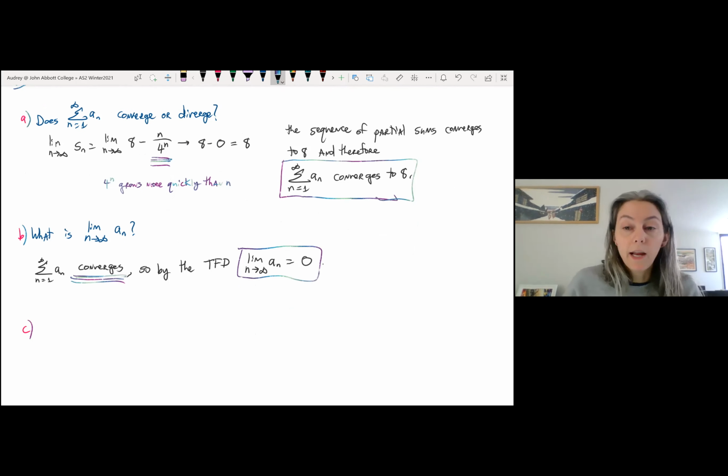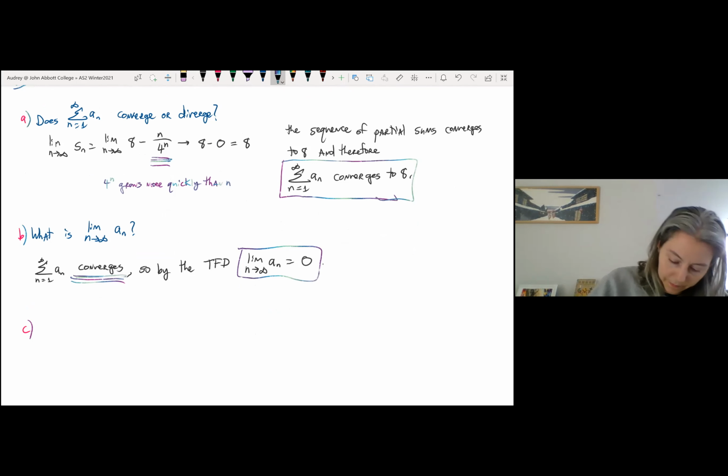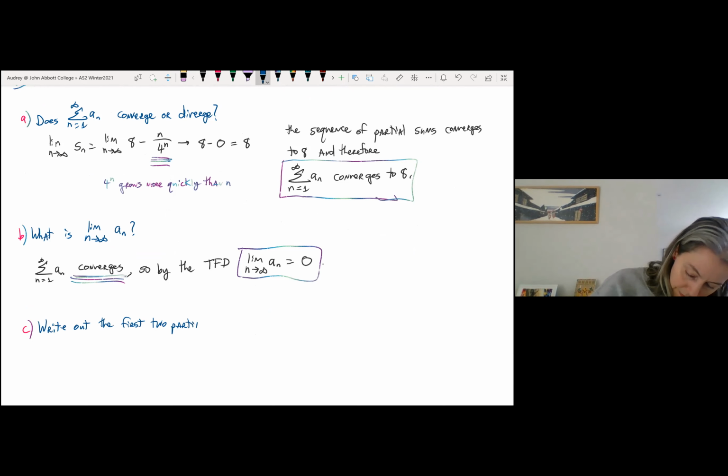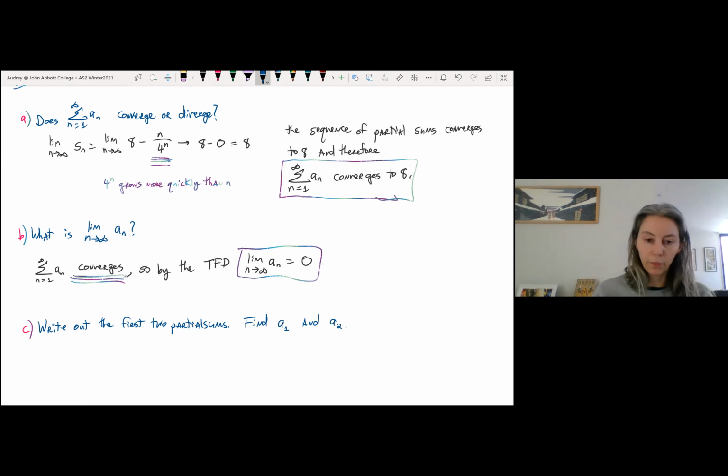Next question. I want to write out the first two partial sums. Write out the first two partial sums, and then we're going to find a sub 1 and a sub 2.